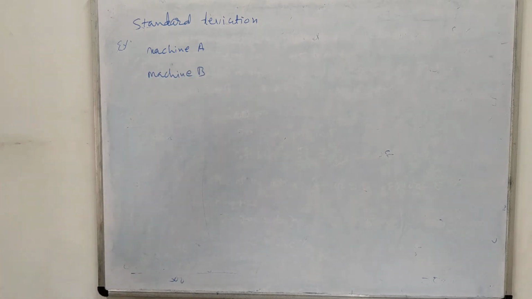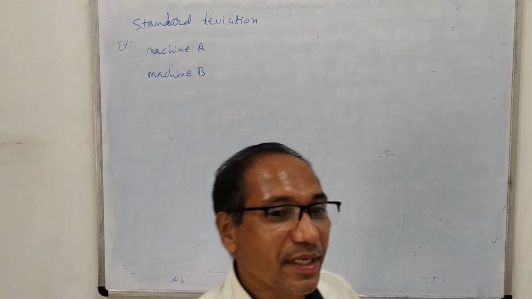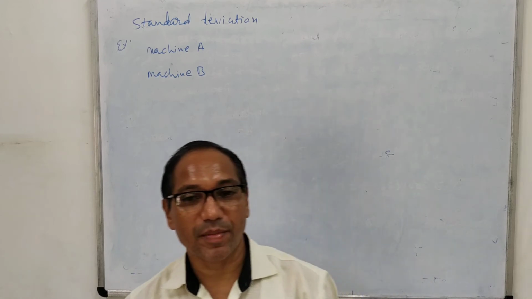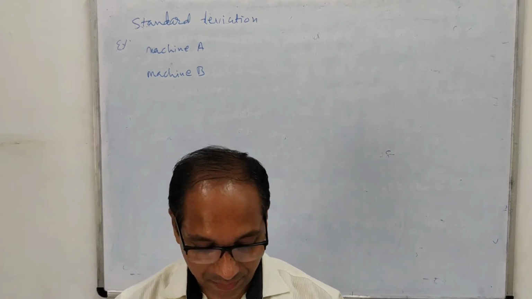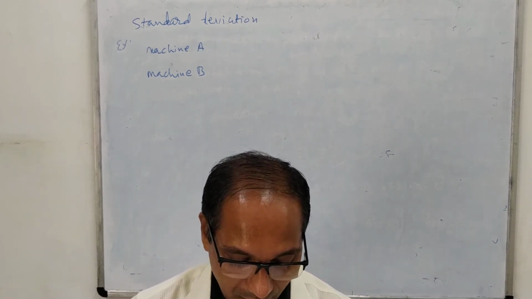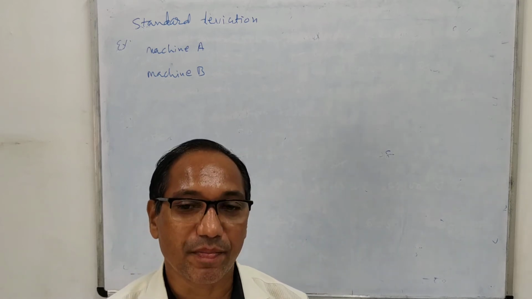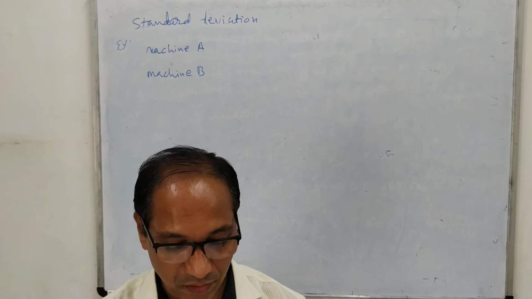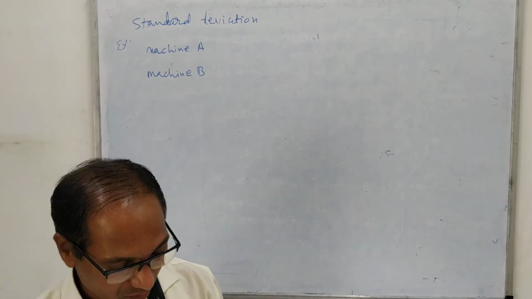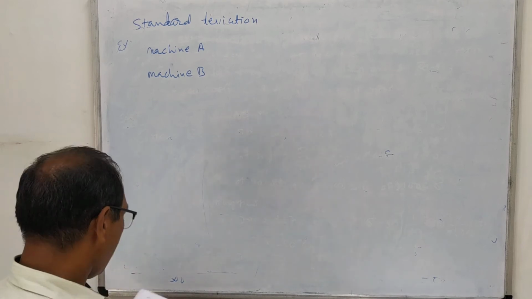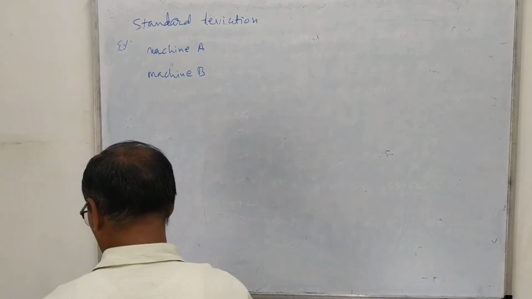So the question is that two automatic filling machines, capital A and capital B, are used to fill mixture of cement concrete in bins. A random sample of beams on each machine showed the following. That means a random sample is given.